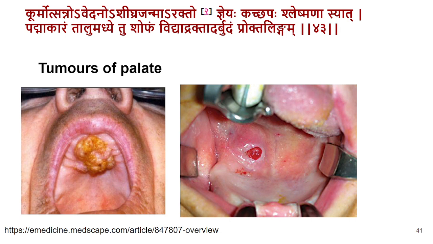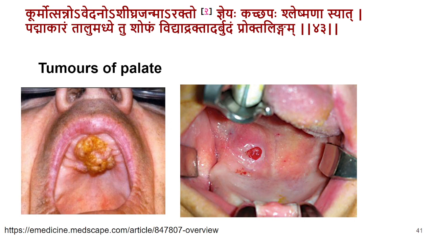Then the kachapa, kurmotsana avedano, ashigra janma, then araktaha, leading to such a fragile one. Kachapa shleshmanat syat, padmakaram talu madhye tu shapum vidyat raktat arbudam proktalingam. Kachapa and the arbuda, talu arbuda, again have similar diseases.